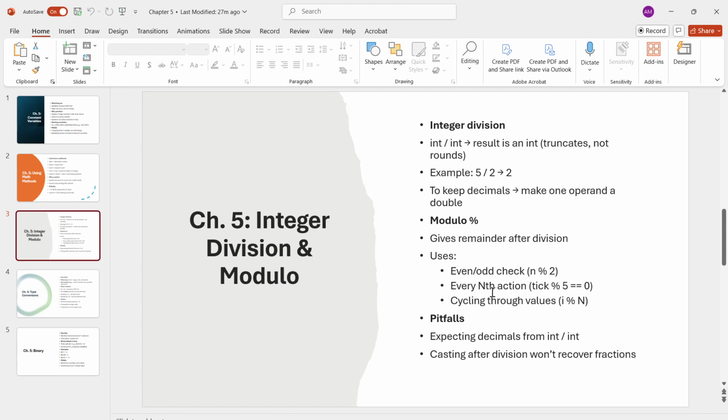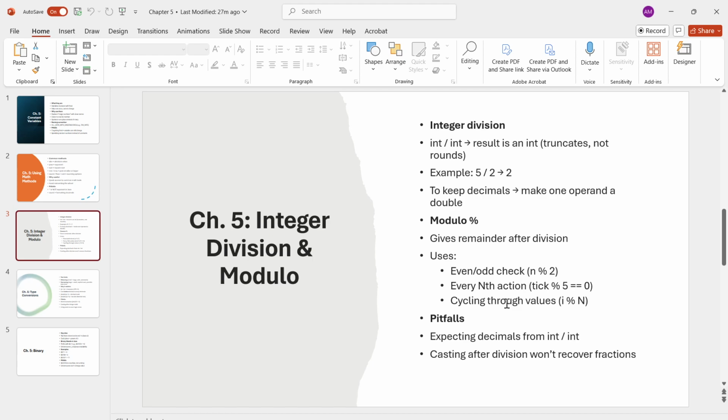It could be a tick, a frame, or an iteration. Cycling 0 to n minus 1, which is basically i modulo n, cycles through 0, 1, 2 till n minus 1 over and over.